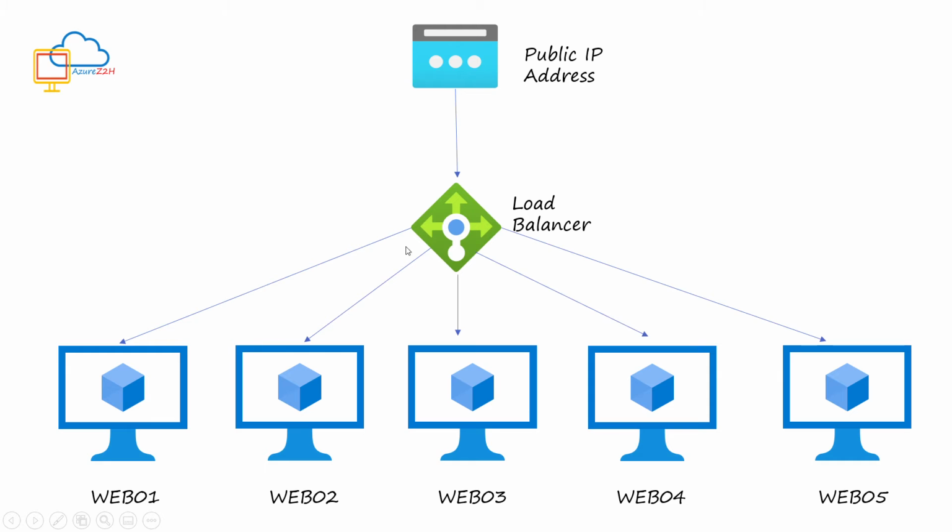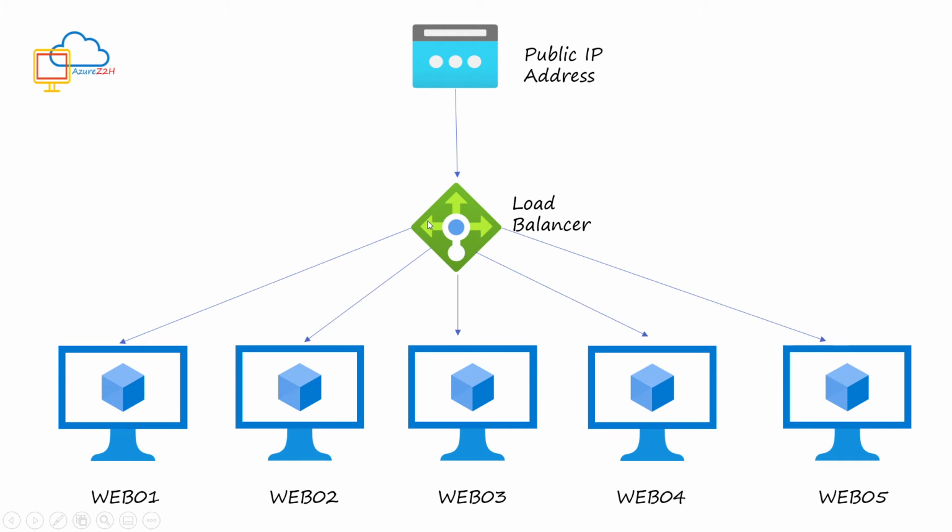So that's where load balancer will remove this web01 from traffic distribution, and all the incoming traffic will get routed to web02, 03, 04 and 05 servers only, so that none of the users will get that unresponsive website page. And this is how load balancer distributes the traffic.